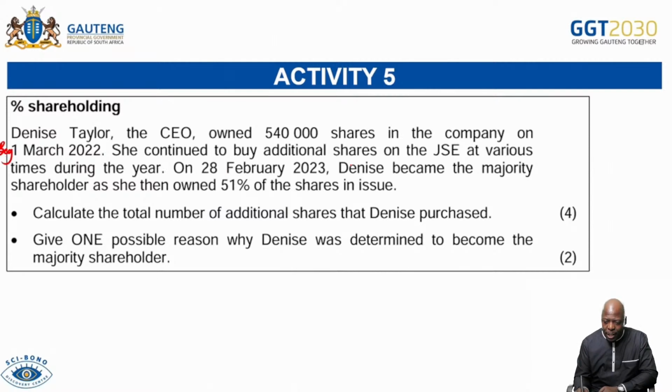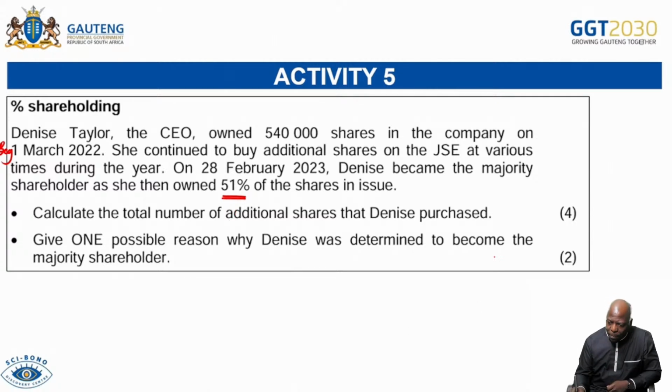She continued to buy additional shares on the JSE at various times during the year. On 28 February 2023, the end of the financial year now, Denise became the majority shareholder as she then owned 51%. You remember? 51% means you're a majority shareholder. Calculate the total number of additional shares that Denise purchased.